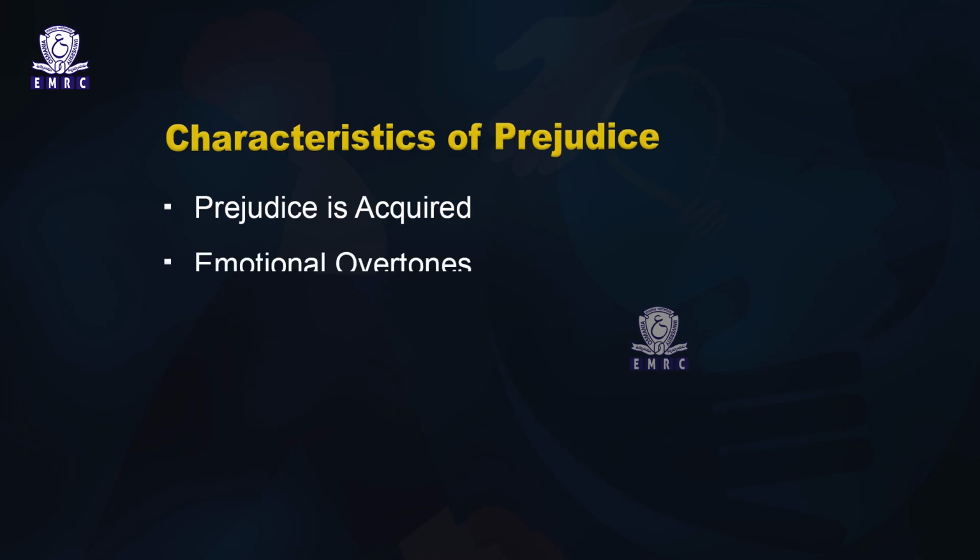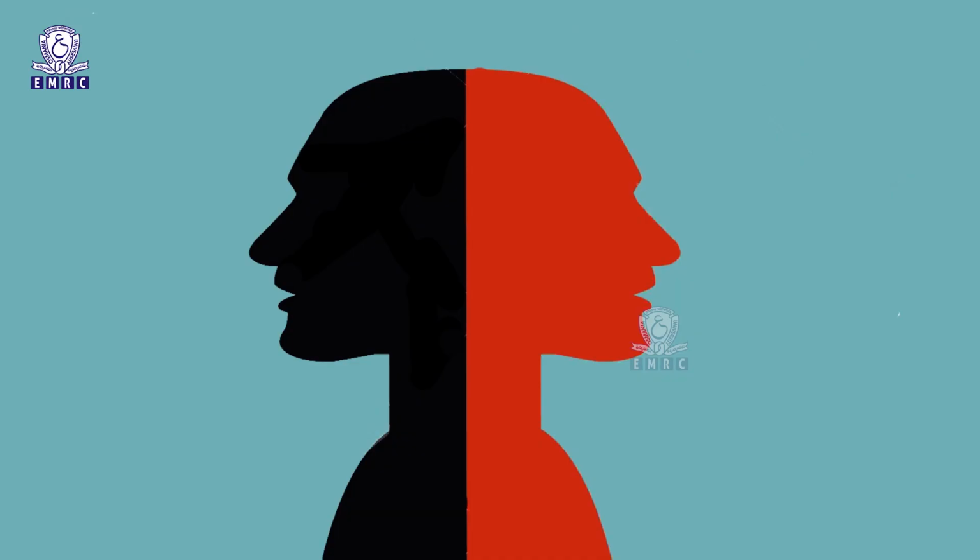The second characteristic of prejudice is emotional overtones. When I say emotional overtone, it means either too exaggerated emotion or too little, but it is always over. And prejudice is followed by an emotion. If a group likes a particular person, then they would exhibit feelings of happiness, joy, love, affection, and care.